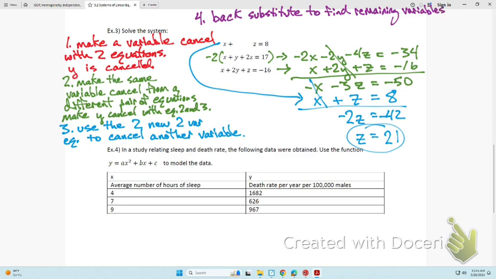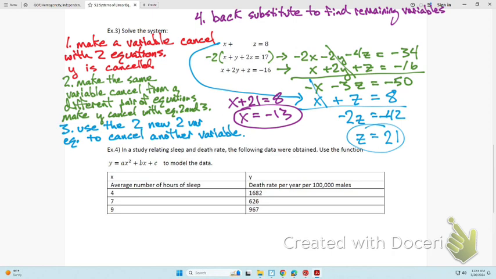So I'm going to plug 21 into either of the 2-variable equations. I'm going to plug it into that very first equation up there. So we're going to say x plus 21 equals 8, which means x equals -13.